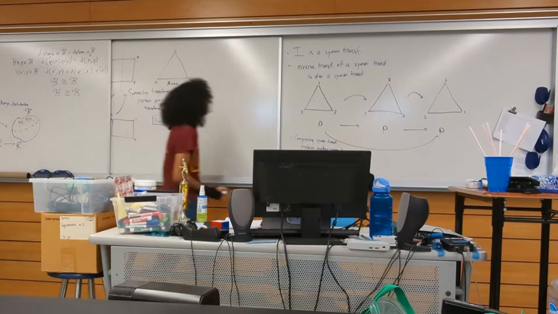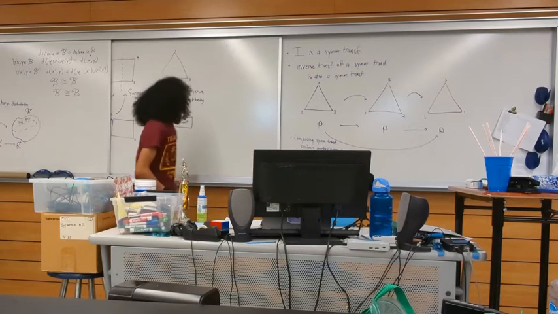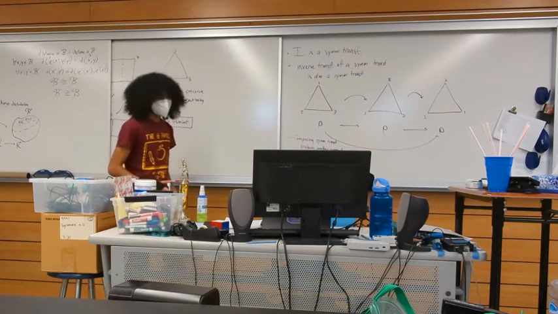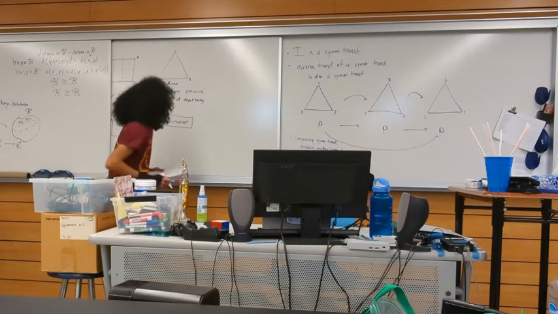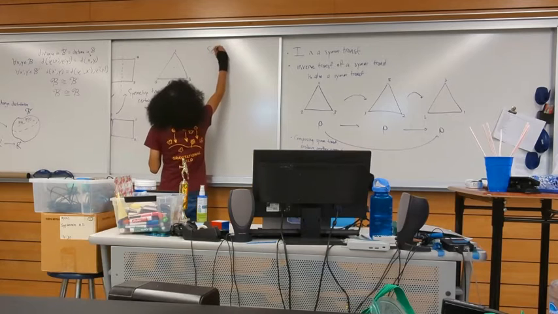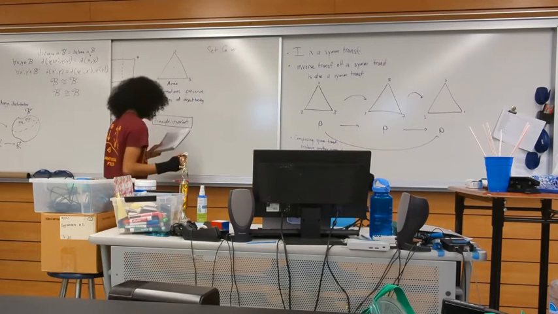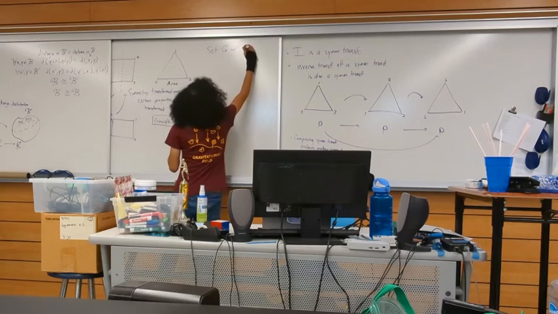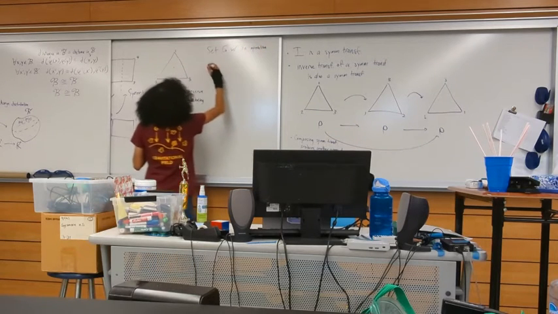So these were important properties of symmetry transformations. And we can encode them into a more abstract algebraic context through the following. Let's say we have a set G with an operation that we'll denote with a dot.